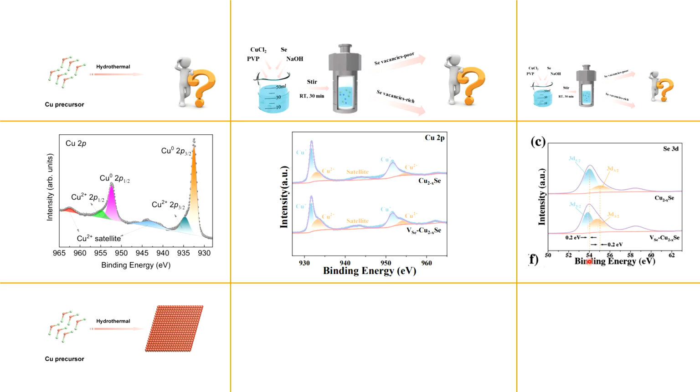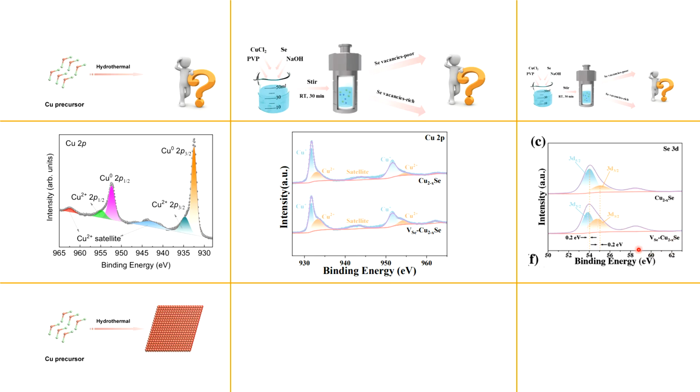And if this shift is towards the higher binding energy side, then we can say that the oxidation state of that specific metal gets increased. And in this case, the shift is towards the lower binding energy. It means the oxidation state here gets decreased. And they claim that this material has the vacancy.